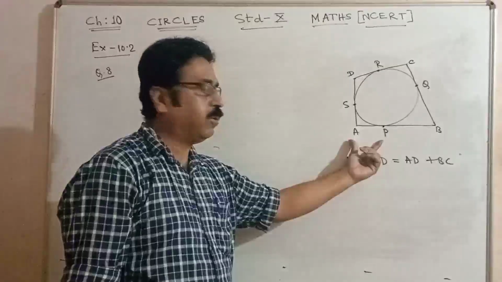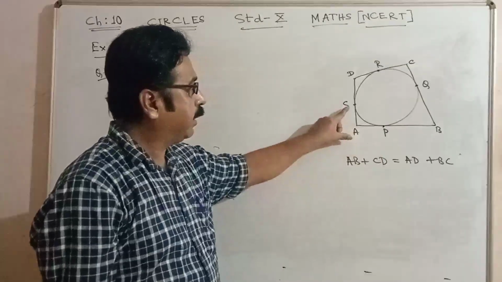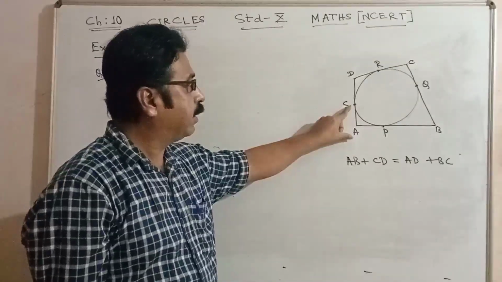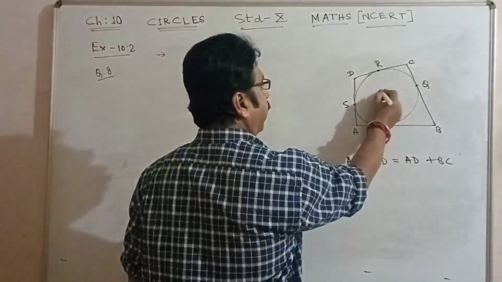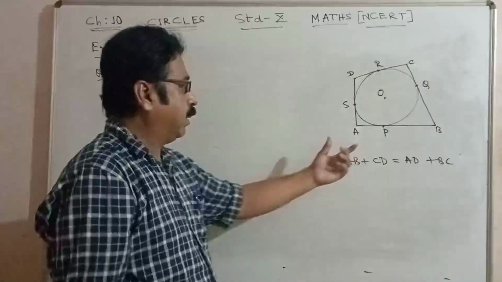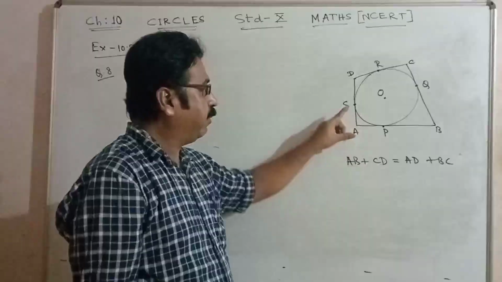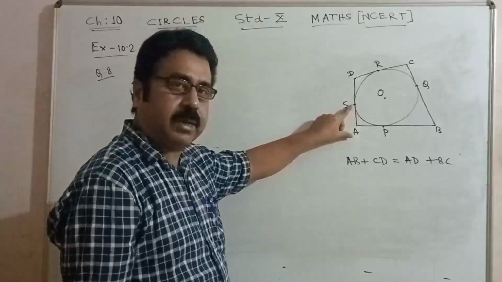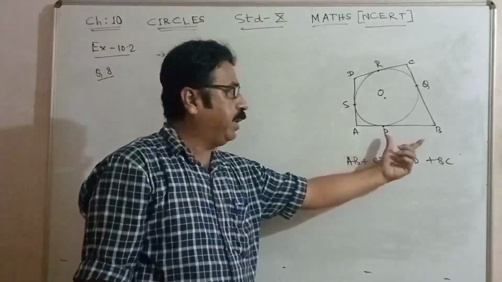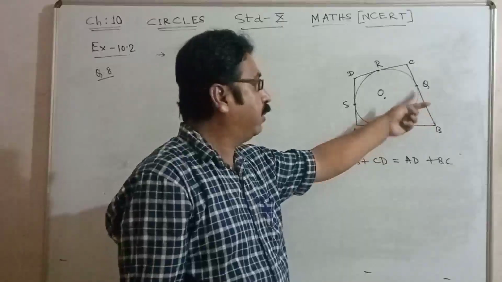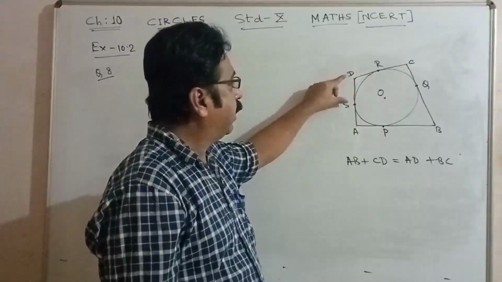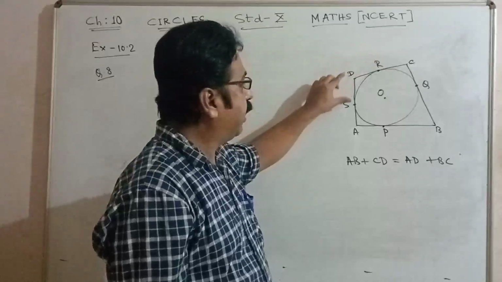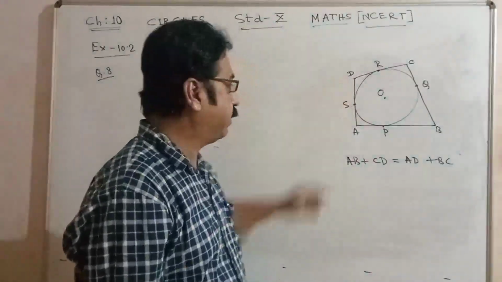AP is a tangent to this circle and AS is also a tangent to this circle. Then the length of AP will be equal to the length of AS. PB will be equal to BQ, CQ will be equal to CR, DR will be equal to DS.